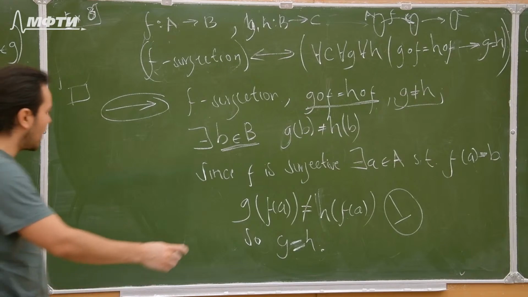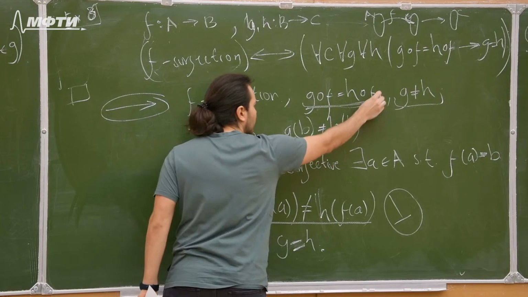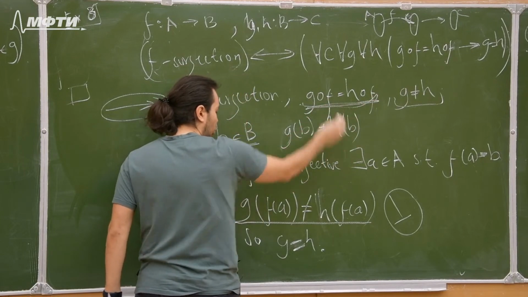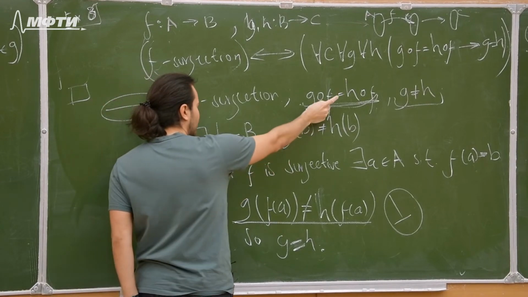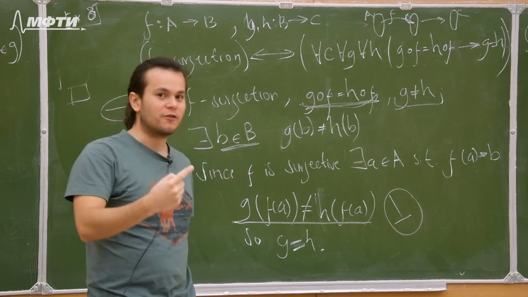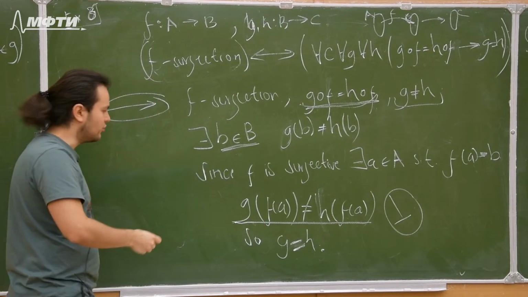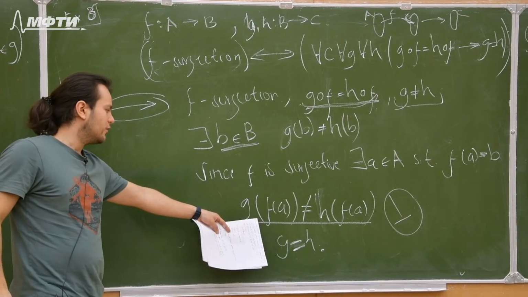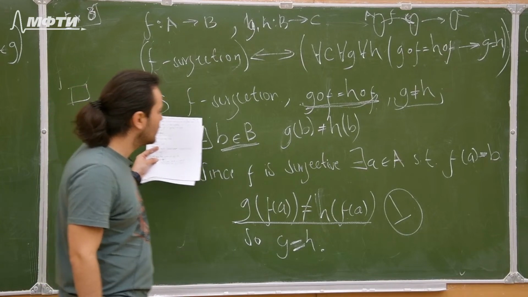So again, we got the contradiction. Hey, look, this is a contradiction with this. You showed in your lecture that if we have functions and we talk about the composition of functions, then we're talking about this. So this is the composition of G and F. Okay, good. So we prove for this direction.